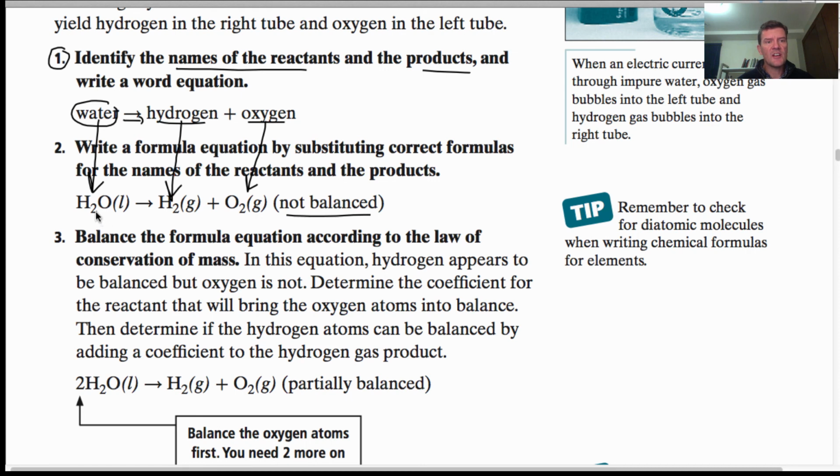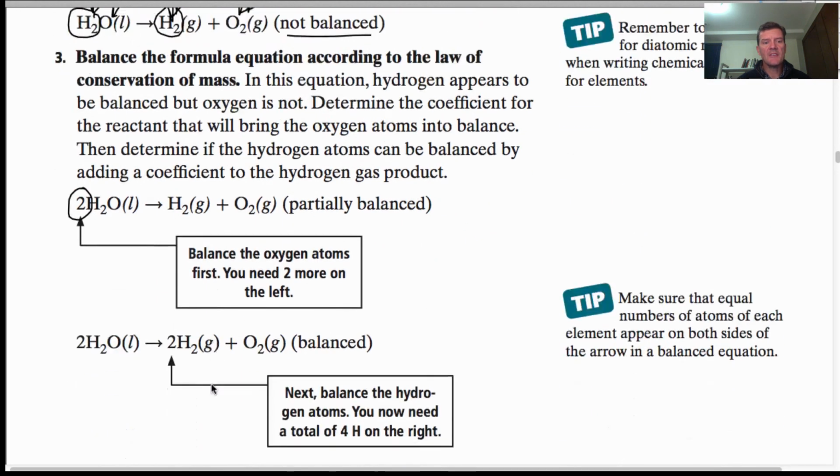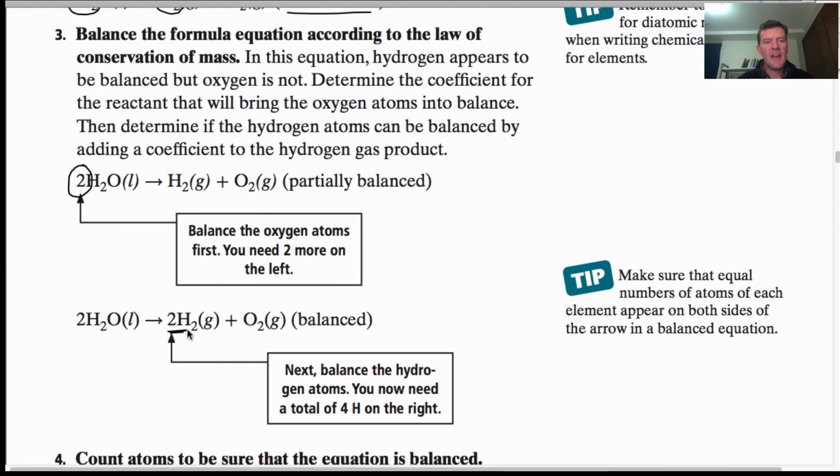So we check. There are 2 hydrogens on both sides, we're okay. But the oxygens, there's 1 on the left and there are 2 on the right. So we have to double whatever has the oxygen on the left. I have to double the number of waters. Well, that also doubles the number of hydrogens on the left. Now I have 4, so I have to put a 2 in front of the hydrogen to get 4 on the right as well.